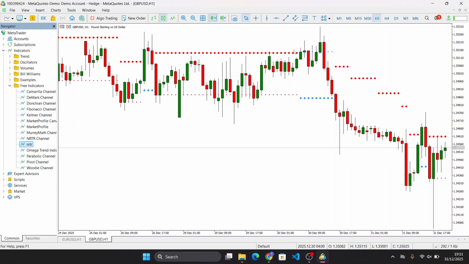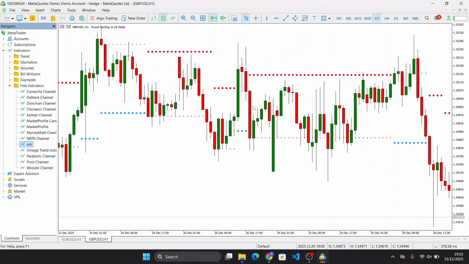When price closes through the line, the plotted level flips to the other side. These flips can be viewed as potential reversal movements, while the ongoing line position shows where the trailing level currently sits relative to price.